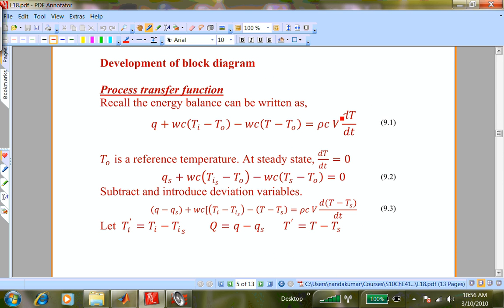There you have, okay? So rho V C divided by W C, so the C and C cancel out, rho V over W. That is the factor that typically multiplies the derivative term, and that is what tau is, okay? But as we pointed out, its physical interpretation is the residence time.